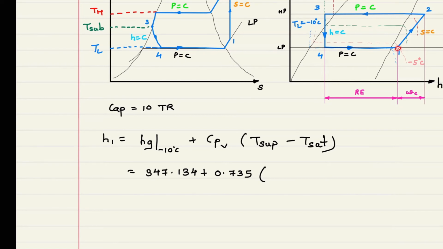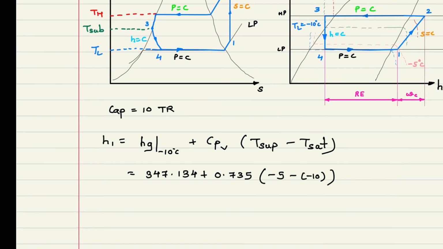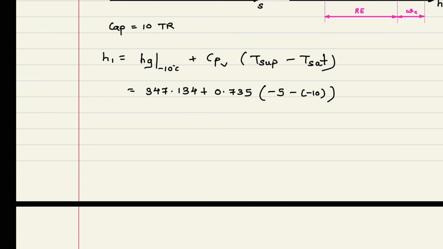What is this T sup? It is -5, minus Tsat, which is -10. So from here we can calculate H1. H1 is equal to 350.809 kilojoule per kg.